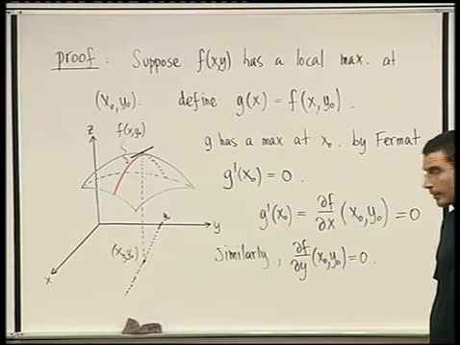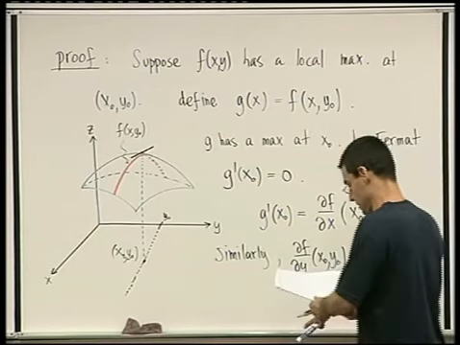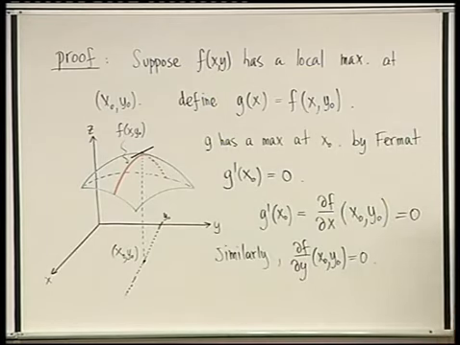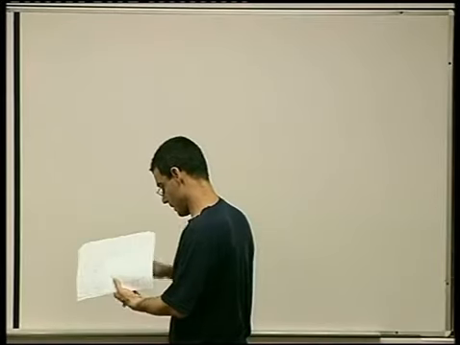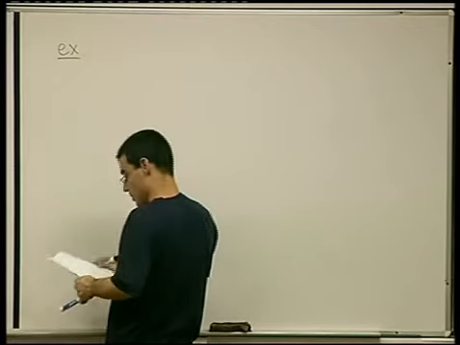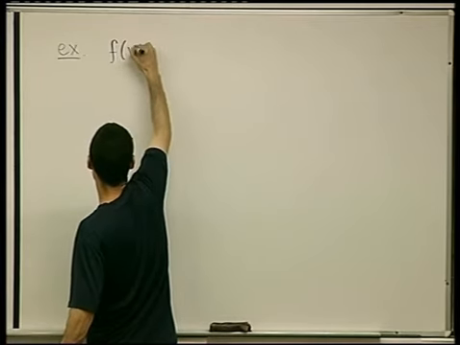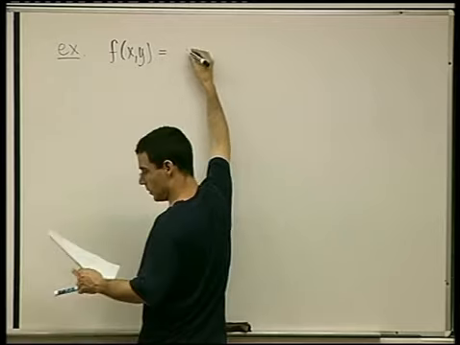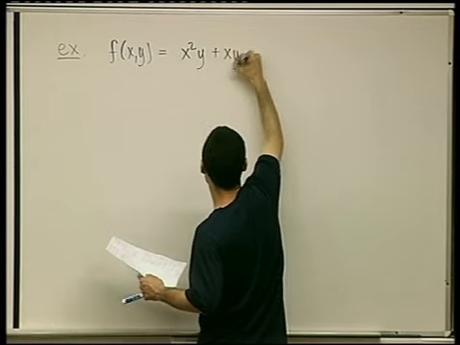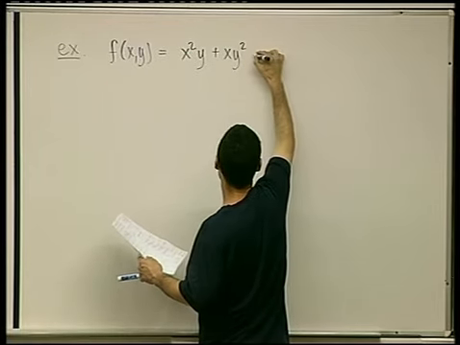Clear? Okay, let's quickly do an example. So let's consider the function f of x, y equals x squared times y plus x times y squared minus xy.